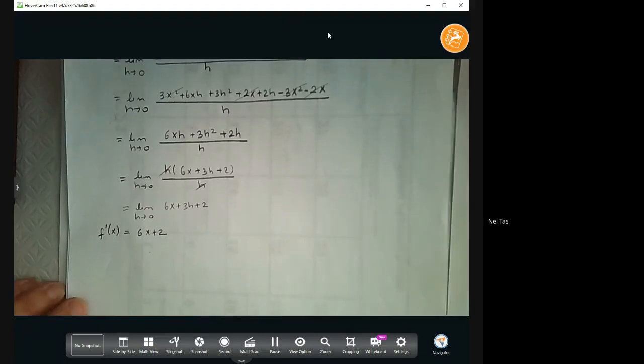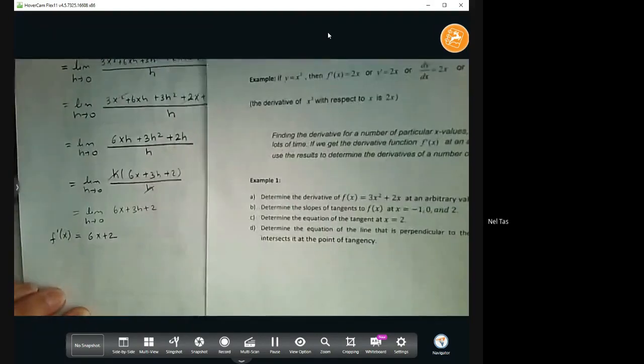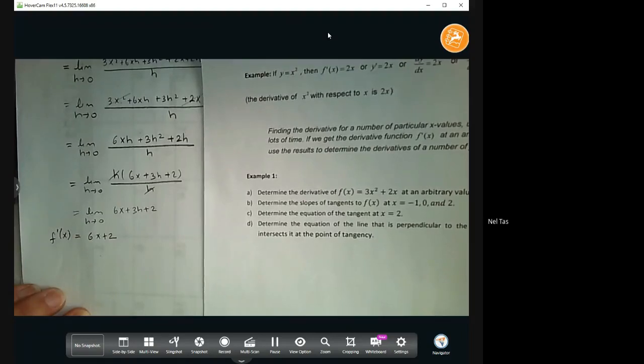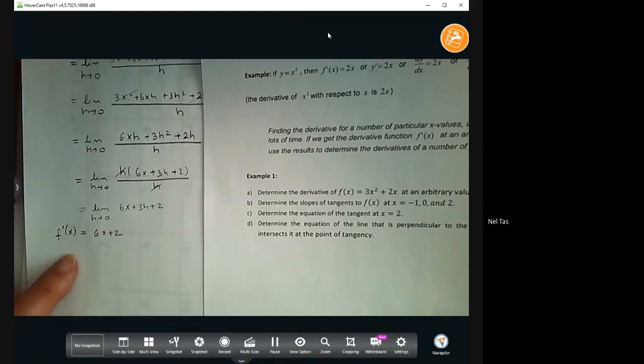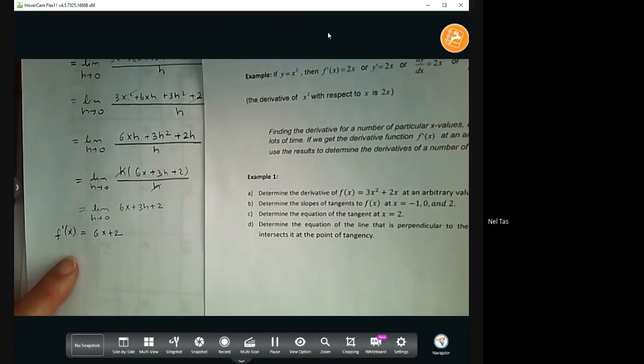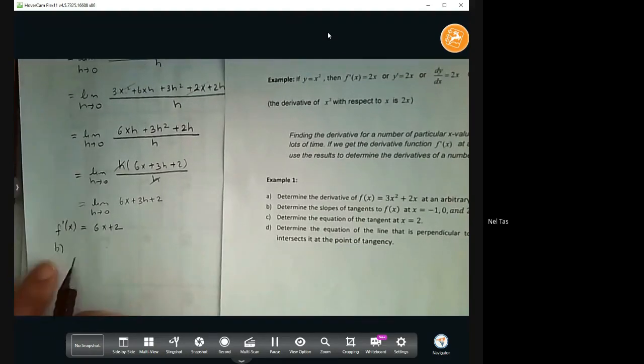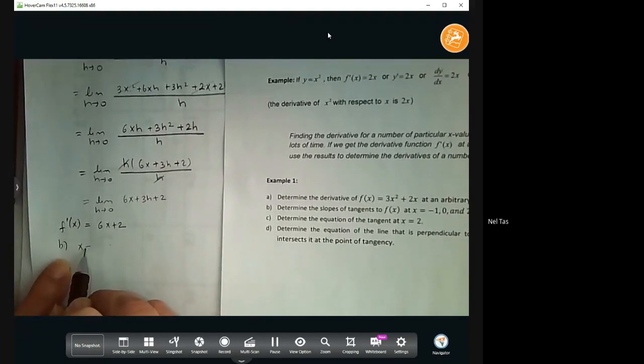So let's look at part B. It says determine the slopes of the tangent to f of x at x equals -1, 0, and 2. So we're just going to take those x values and sub them in the derivative function to find the slopes of the tangents at those x values. So we want to find the slope at x equals -1.